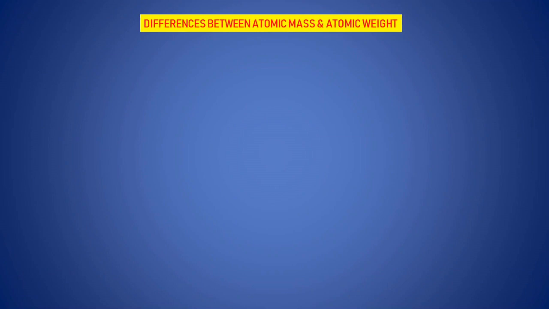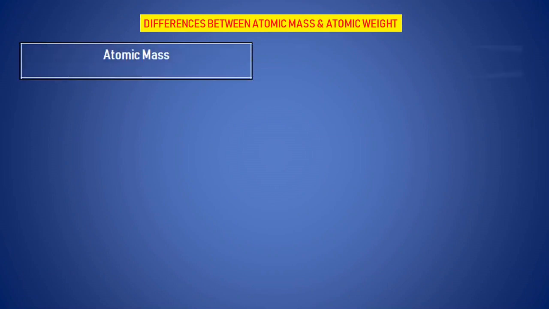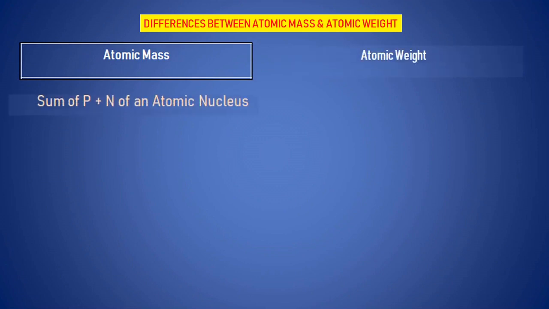Differences between atomic mass and atomic weight. This is atomic mass, this is atomic weight. Atomic mass is the sum of protons and neutrons of an atomic nucleus. That means protons and neutrons collectively give atomic mass, whereas atomic weight is the sum of products of masses and proportions of the different isotopes that exist in an element.